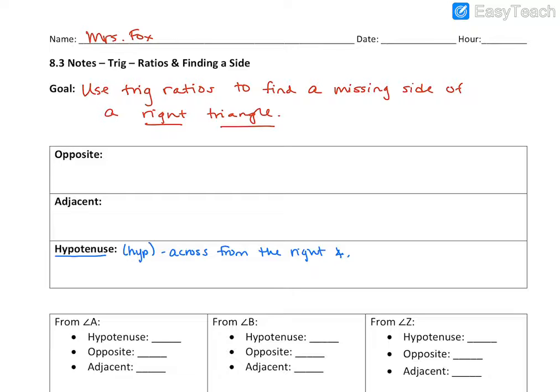When we're talking about these side lengths, it changes depending on which angle you're referencing. And the hypotenuse is always going to stay the same. So that's just something to note, that this one always stays the same. Where these two are going to change depending on the angle given.